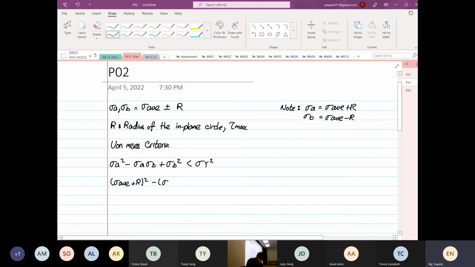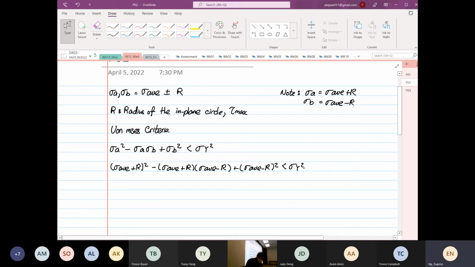So now we just do a method of substitution, and then we expand the term.